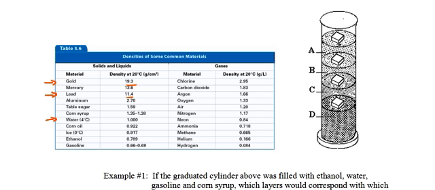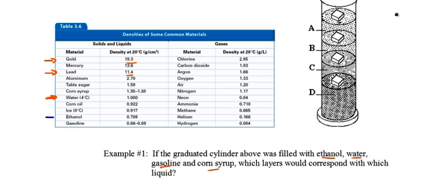If you take a look at, say, ethanol. Ethanol is down here at a density of 0.789. The gasoline, if we go with the red, the gasoline is going to have the lowest density at somewhere between 0.66 and 0.69. And finally, the corn syrup. The corn syrup appears to be the most dense at somewhere between 1.35 and 1.38.